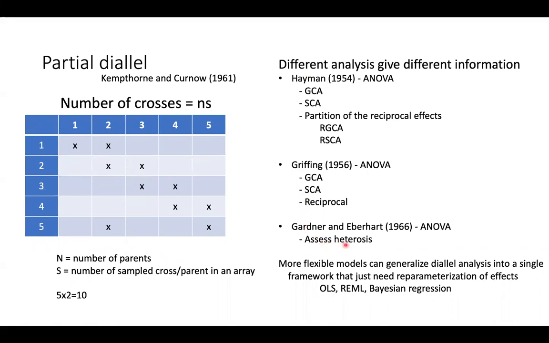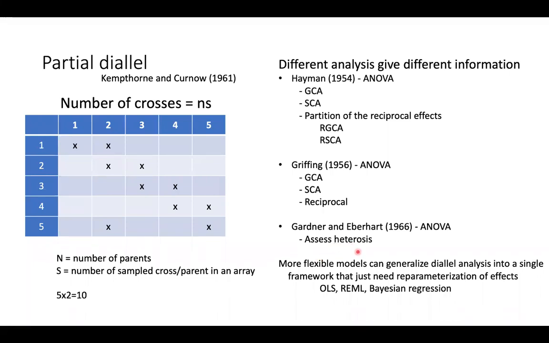And I pointed out that these models here were developed with the concept of ANOVA, of using analysis of variances. And recently, there are more general ways for you to analyze that data. Instead of developing the specific sum of squares for each effect, you can go for more flexible models.